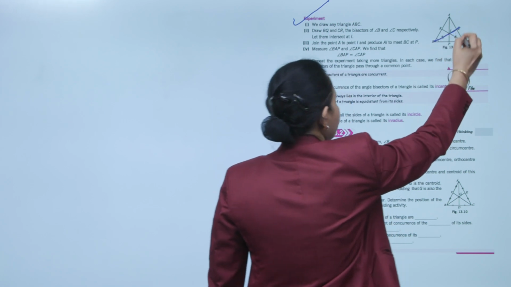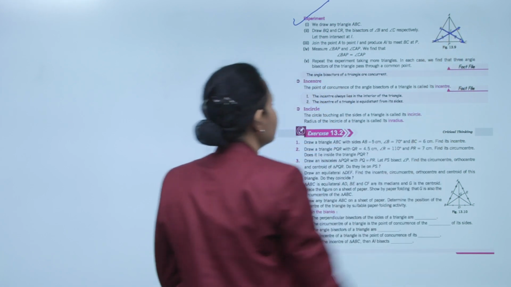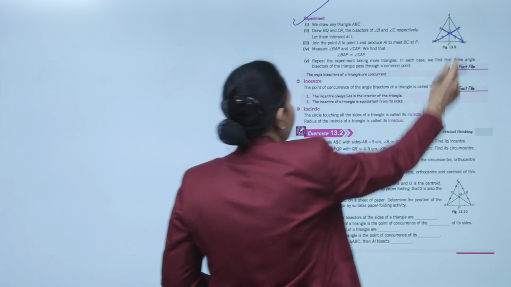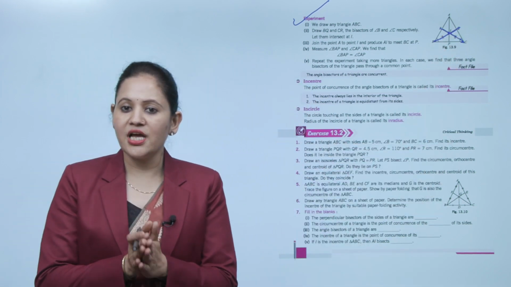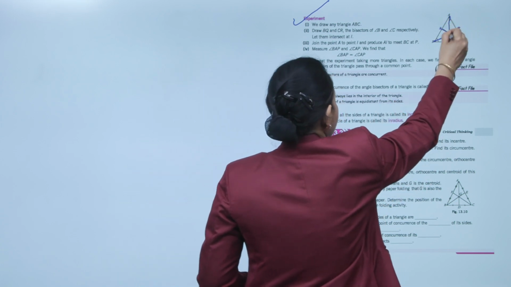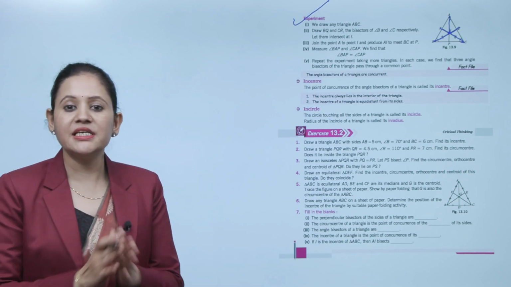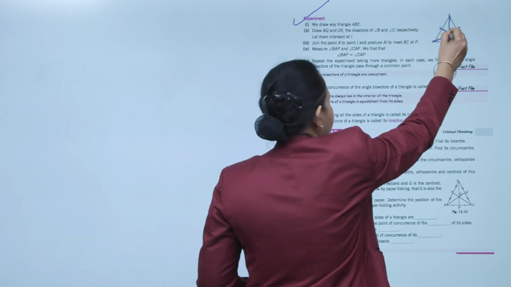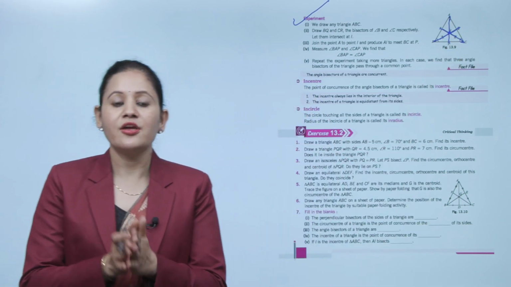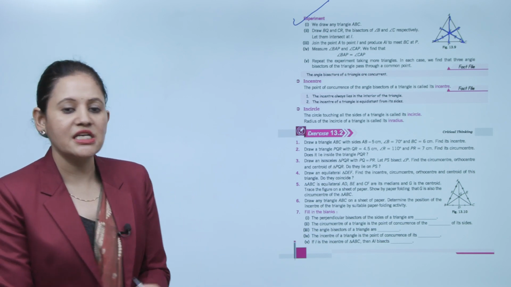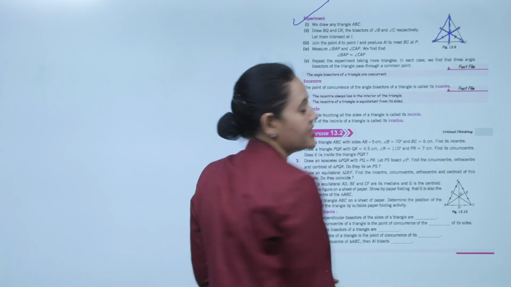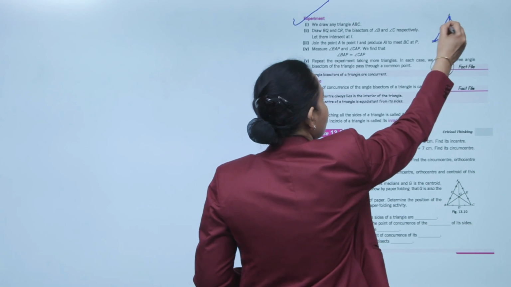This is the bisector of angle B and this is the bisector of angle C. They will intersect at the point L. Now, join A to L, that meets BC at P. Now measure angle BAP and angle CAP. We find that angle BAP equals angle CAP, means these two angles are equal.